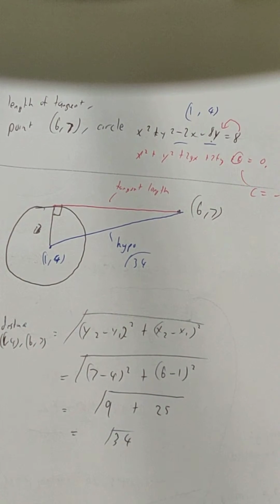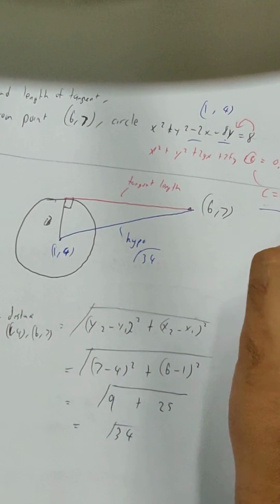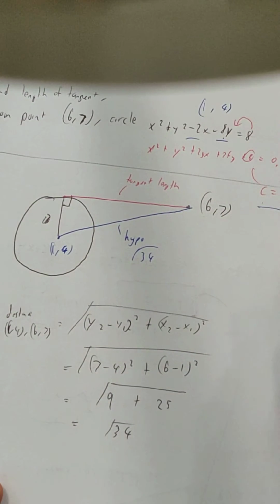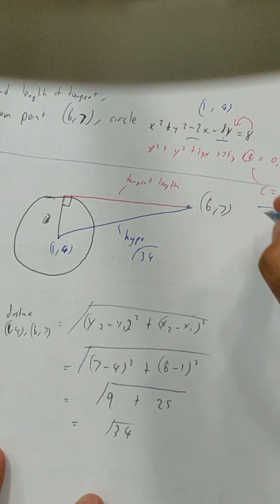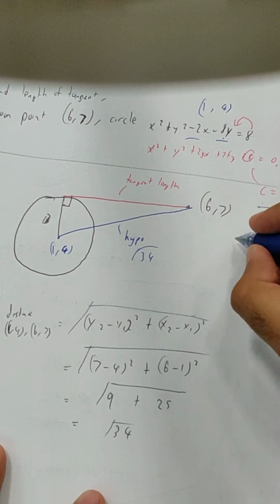So from my c, how do I find radius? Do you remember? There's a formula that you need to memorize when you get the general equation. I think the one that I memorized is this.